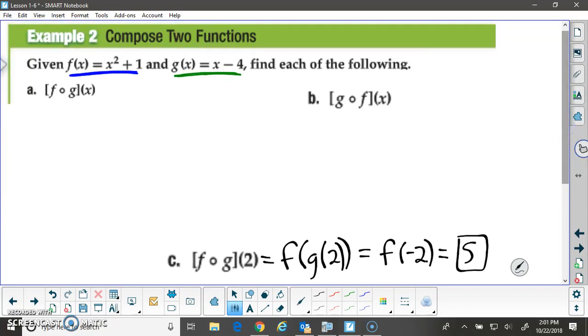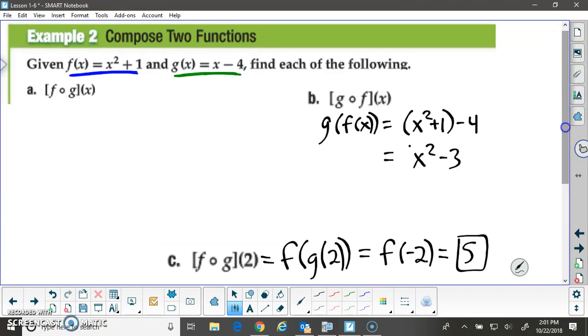Working backwards, part B, what they're asking for here is find g of f of x. So we're going to have to put f of x inside of g. Putting f of x inside of g would look like this, and then we'd simplify that into x squared minus 3.